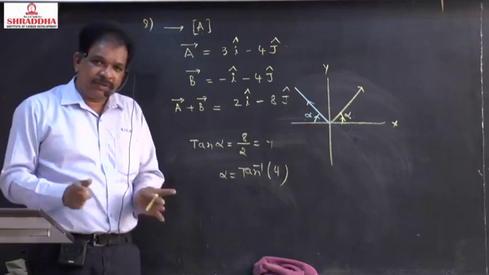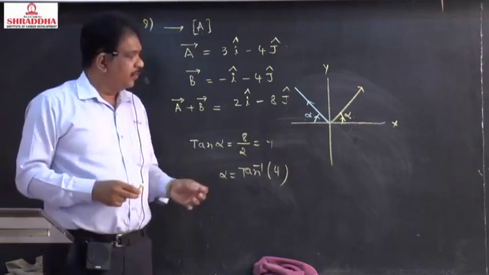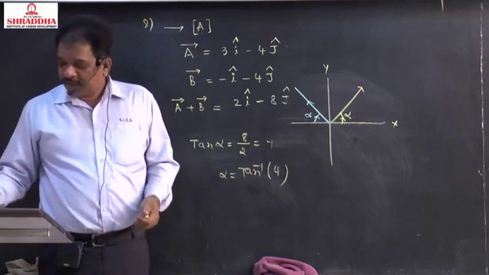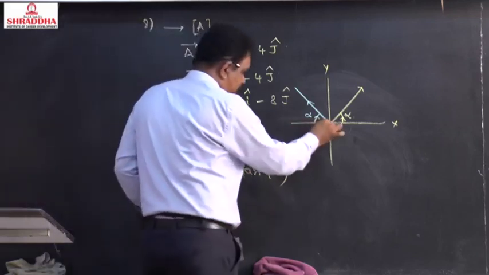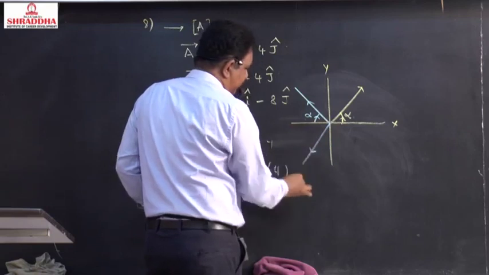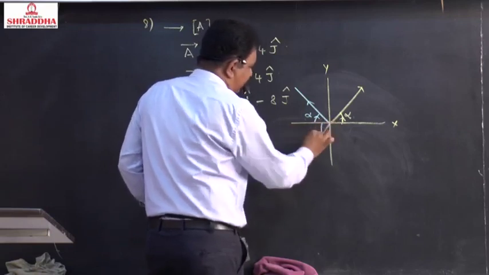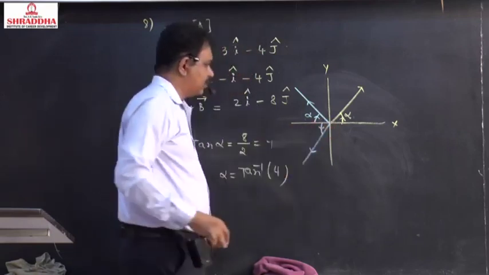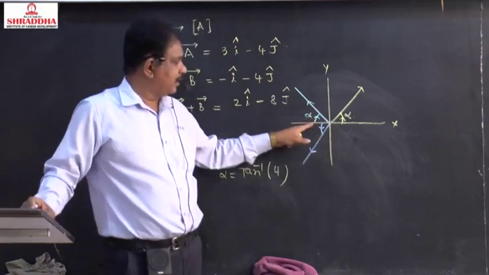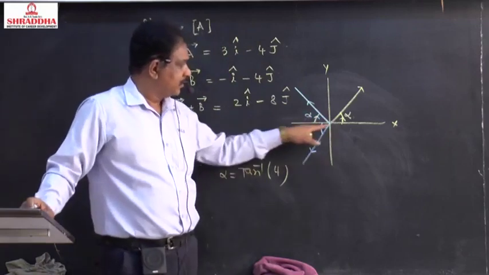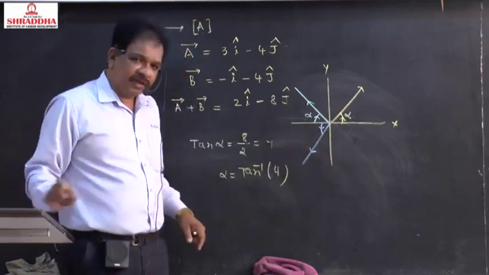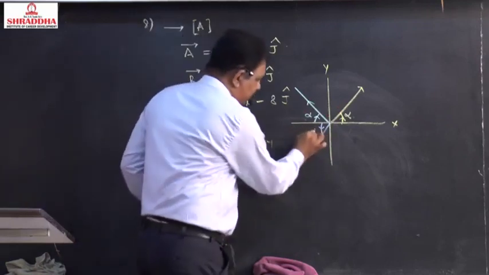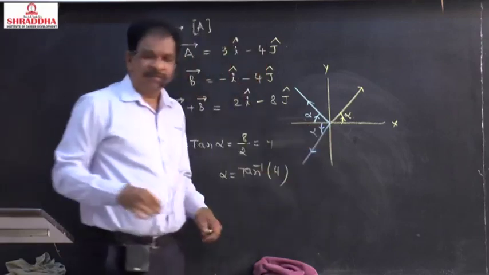Depending on the position of the vector, you have to choose. For example, the vector is here. It will be like this. This is clockwise, not anti-clockwise. Clockwise only this is. This is anti-clockwise. For this vector, with the same angle, what to say here?